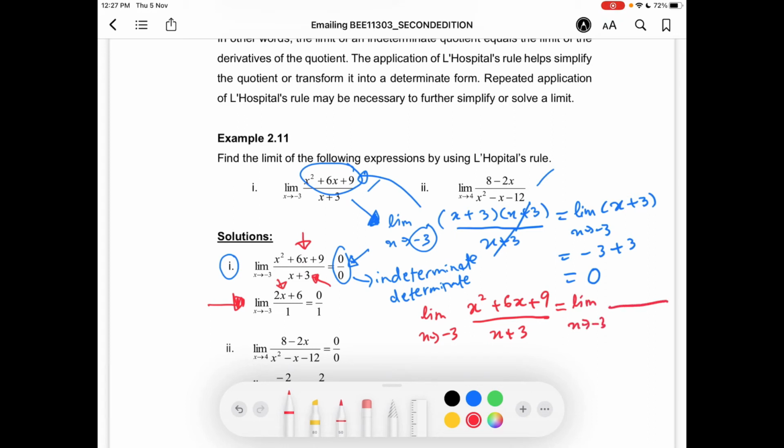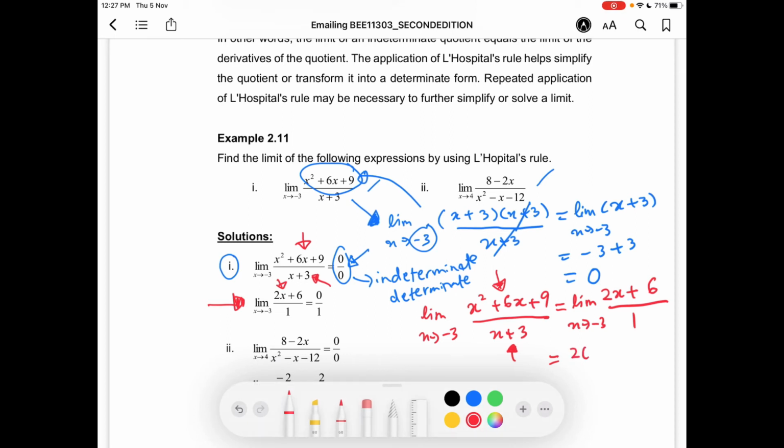You differentiate independently. First we differentiate the numerator, you will get 2x plus 6, and then we differentiate the denominator, you will get 1. From this, you can straight away substitute x equals minus 3.